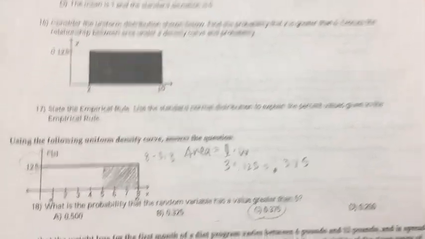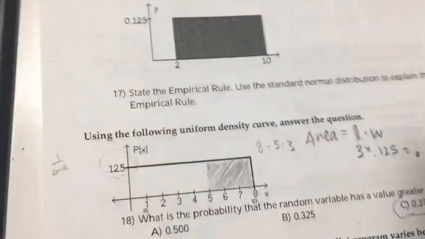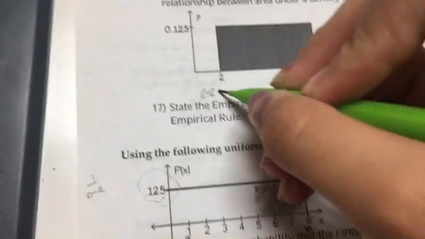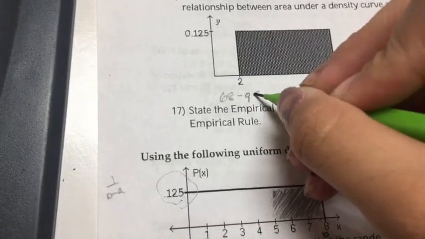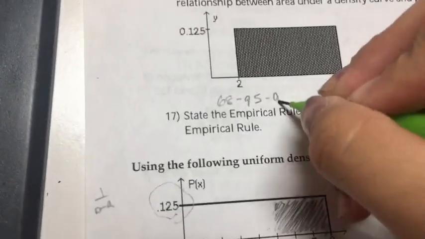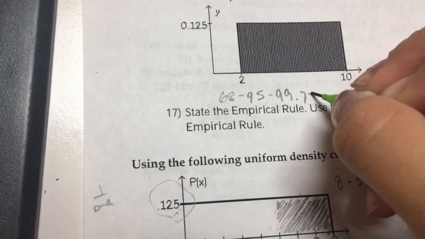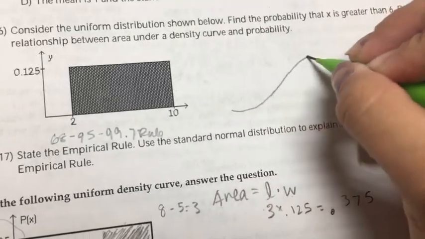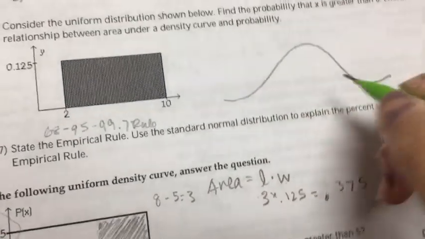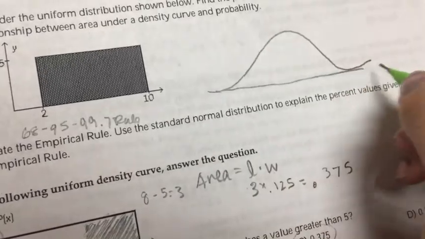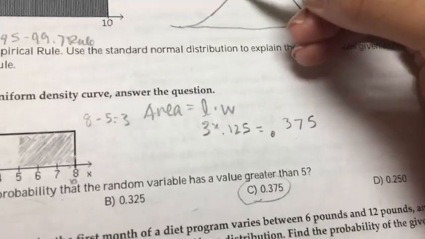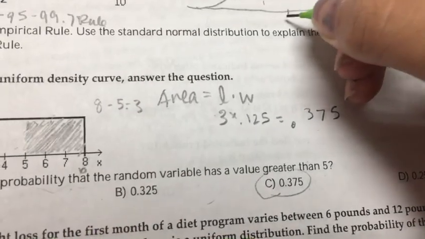17 is basically asking you to explain the empirical rule. And this is also called the 68, 95, and the 99.7 rule. So when you're working with the standard normal distribution, let's say that the mean is right here.